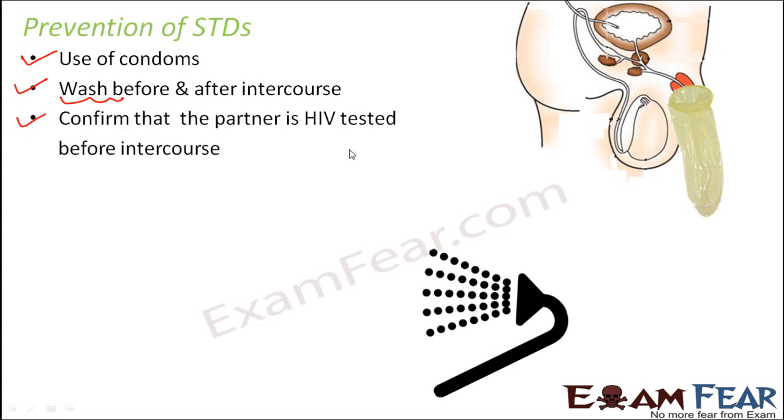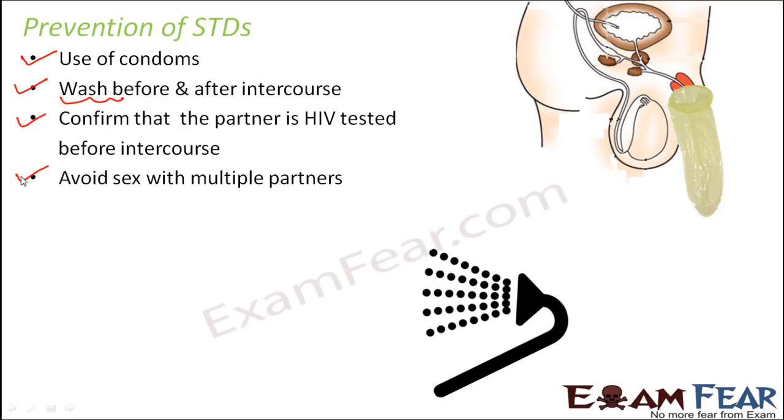Confirm that the partner is HIV tested before intercourse. That is very, very important. If you know that the partner is already HIV infected, you know that your chances of getting the disease are very high. So you should always confirm that the partner is HIV tested. Avoid intercourse with multiple partners.